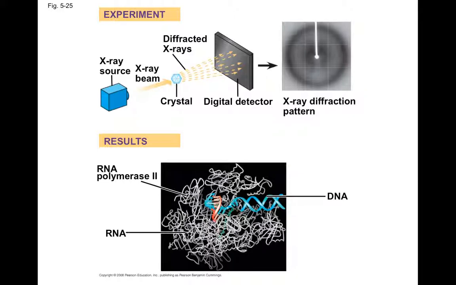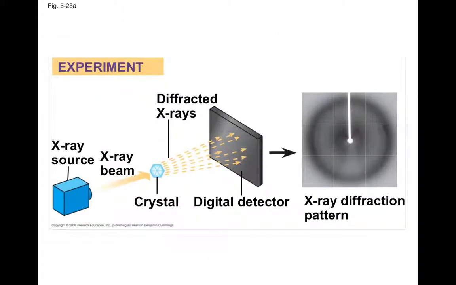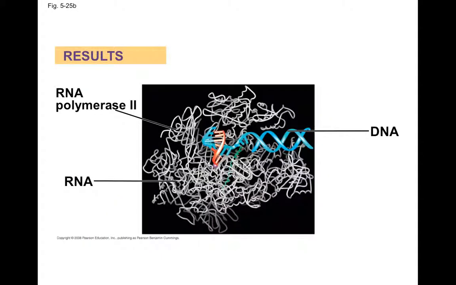So here's an experiment using an X-ray source. You put an X-ray beam through a crystallized protein. So basically you have to take a protein and crystallize it, and then that helps you to see it. Yeah. You guys don't need to know this.